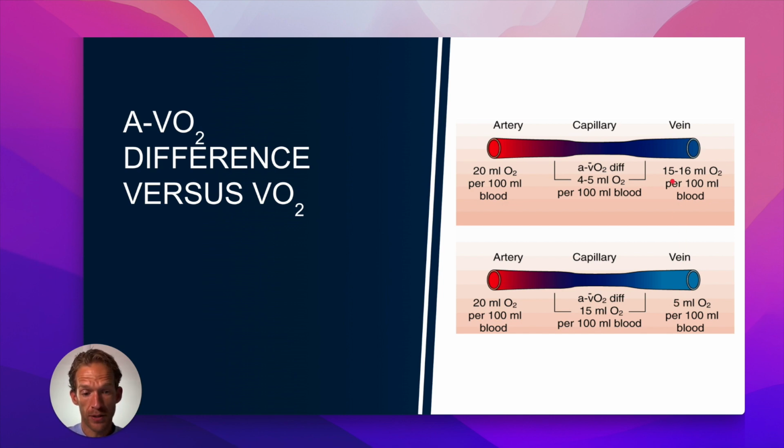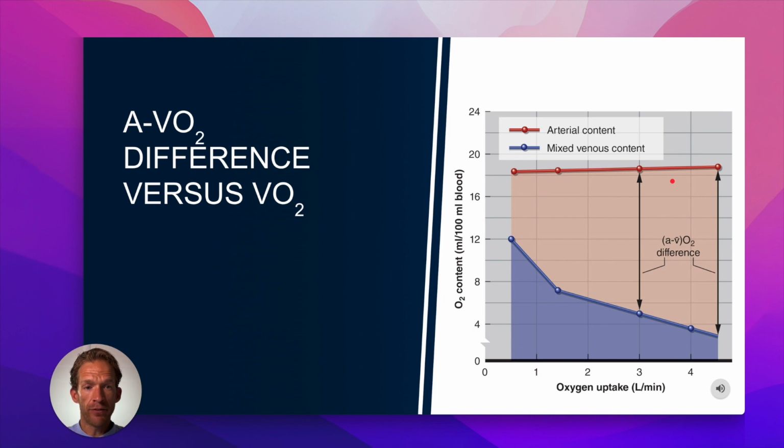If you look at this graph, you can see on the vertical axis, the O2 content, again expressed in milliliter per deciliter of blood for the arterial content and the mixed venous content. So again, mind you, the word mixed is all about mixed blood that is from skeletal muscles, but also from other tissues in the veins.